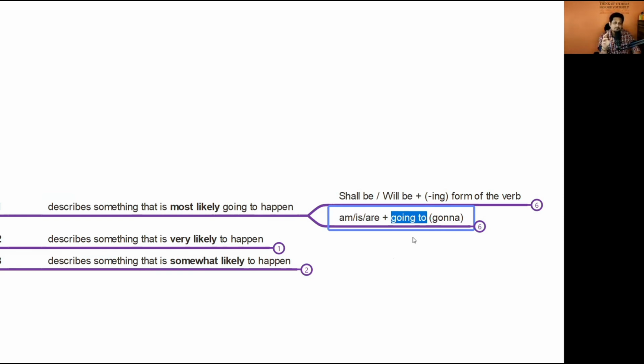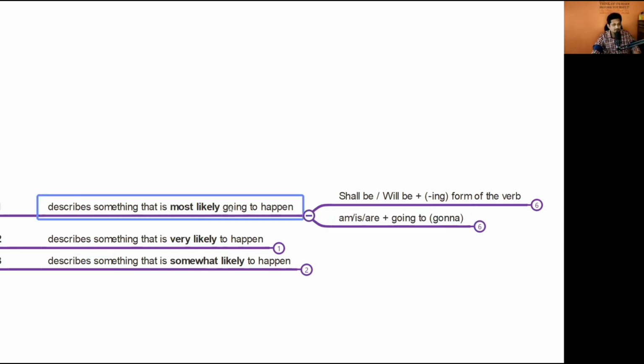These are all phrasal verbs. When you say am, is, are with going to, also known as gonna be or gonna, especially in American English, then also you can express something where the probability of happening is really high. So it's most likely going to happen.